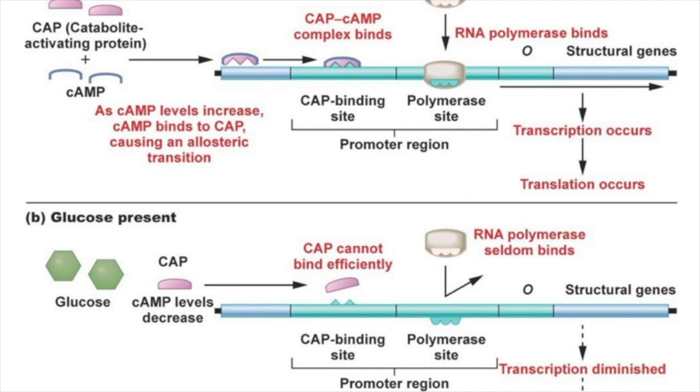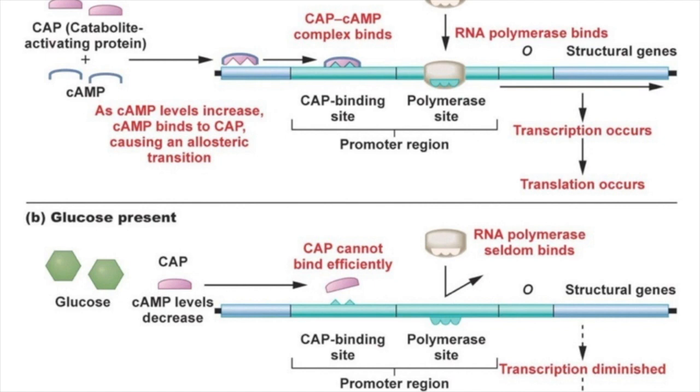This complex only forms and then binds in the promoter region when there's no glucose. When there's no glucose, we sure want all of those structural genes made, because if there's lactose present, we want to make these gene products so we can break it down into glucose. So there's no glucose, CAP-cAMP forms, and what CAP-cAMP does is it attracts or brings in RNA polymerase to that polymerase binding site in the promoter.